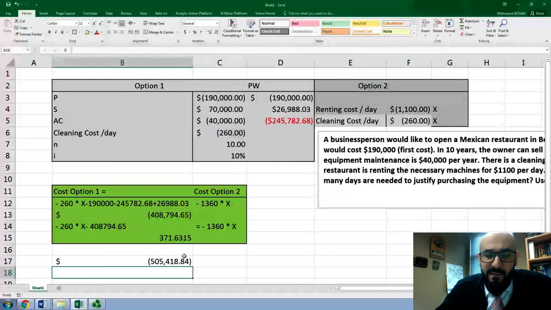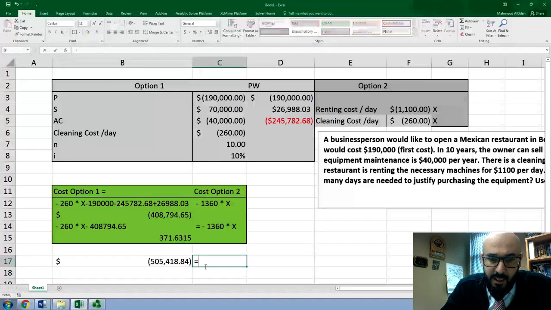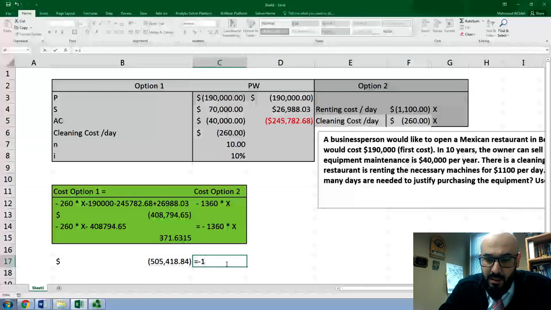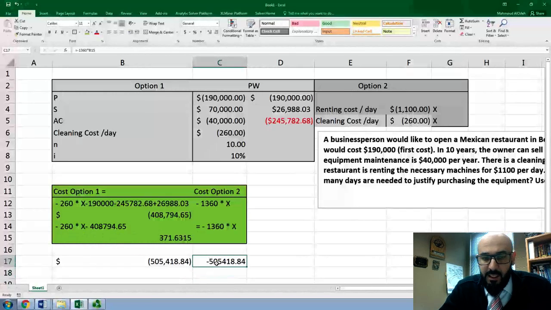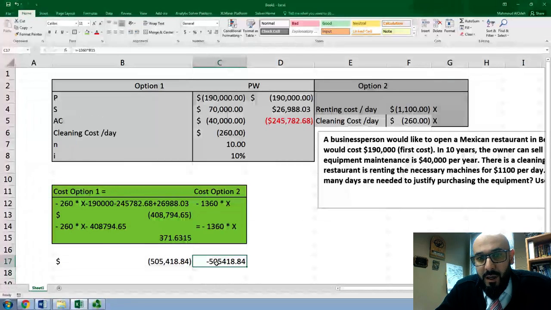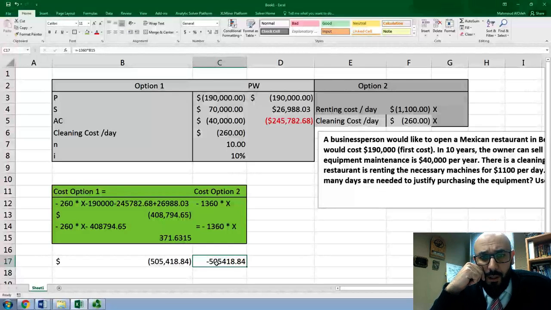That would be about 505,000. Now let's find the result here: 1,360 times 371, and that would give you the matching number. So this is how we double check your answer. And I hope this is helpful.